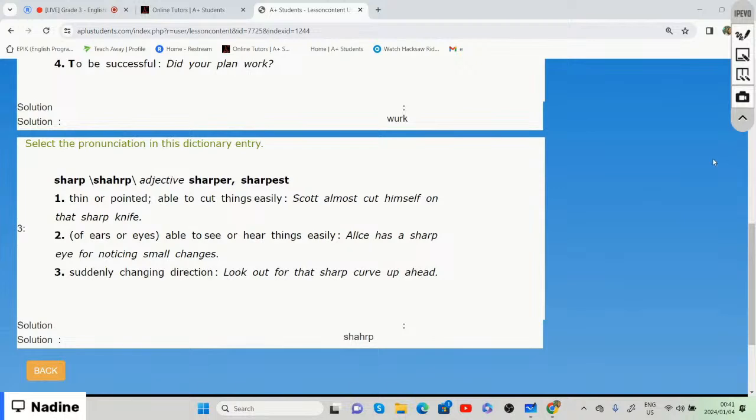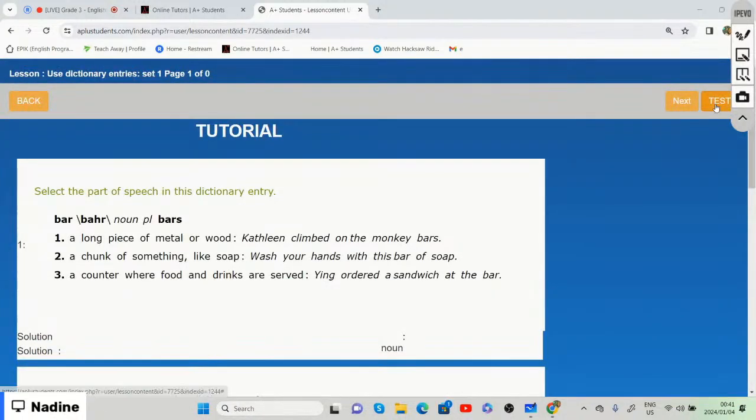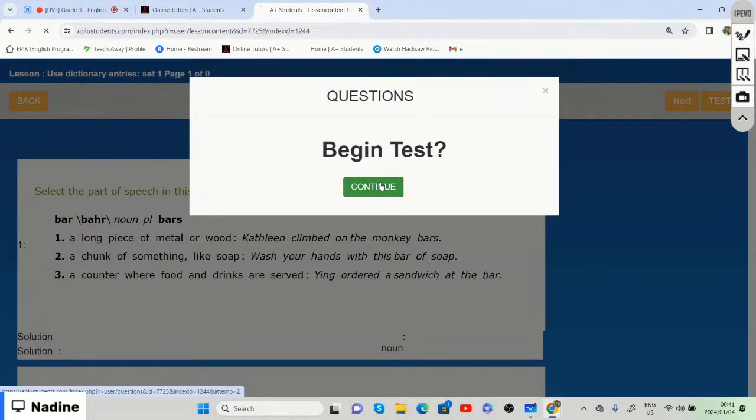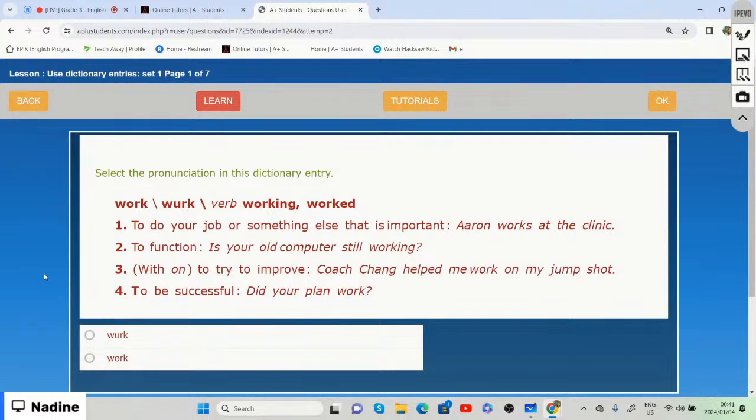All right, so now we're going to our test where we are going to use dictionary entries. We need to select the pronunciation in this dictionary entry. Is it W U R K or W O R K? So the first option or the second option, which is the pronunciation.